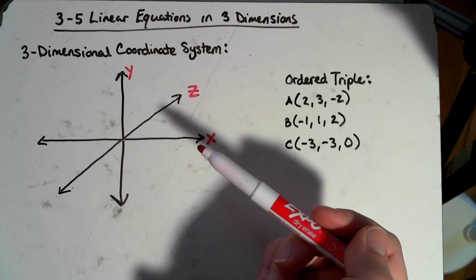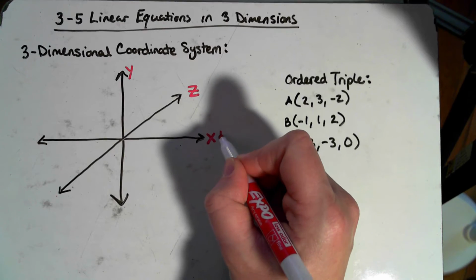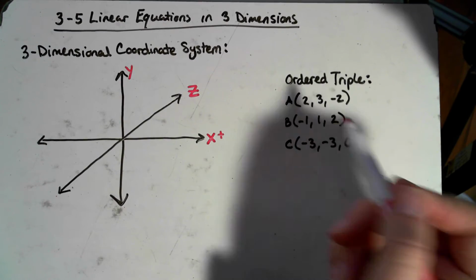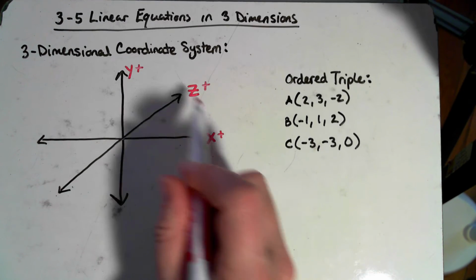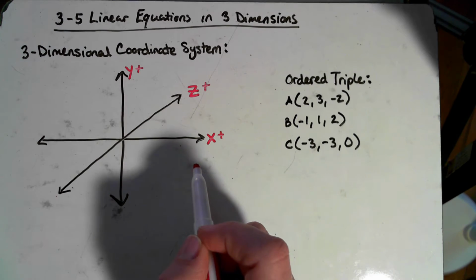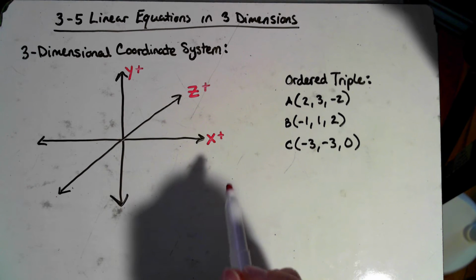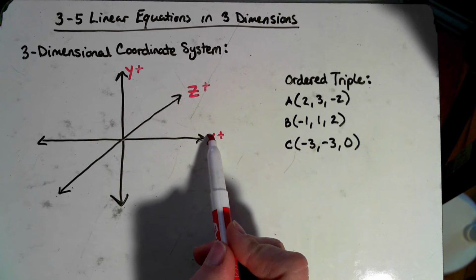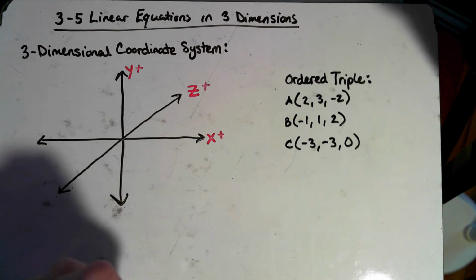It's up to you how you want to label them, but I am assuming that any place you put the x, the z, or the y is your positive direction. You can move these letters around as you desire. I'm putting them here just to keep it more conventional, where you have the positive x and the positive y.